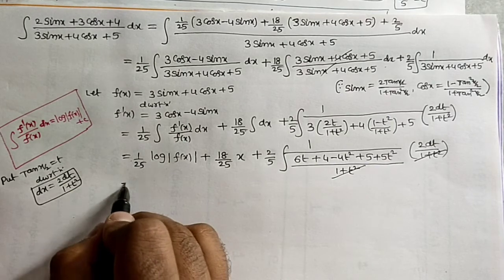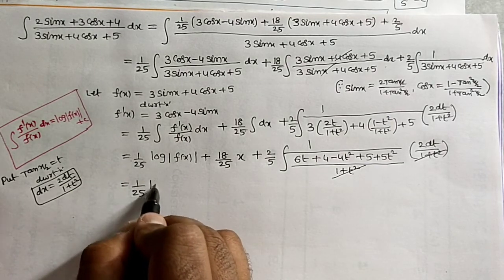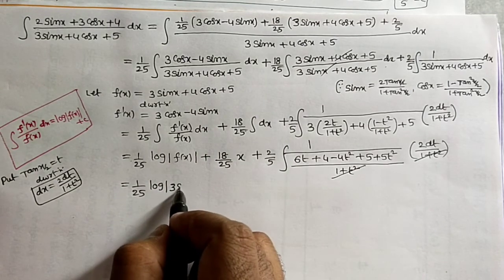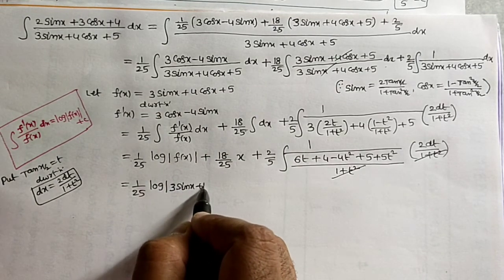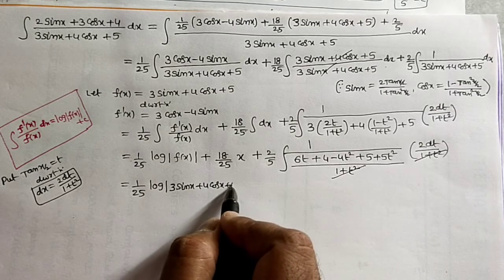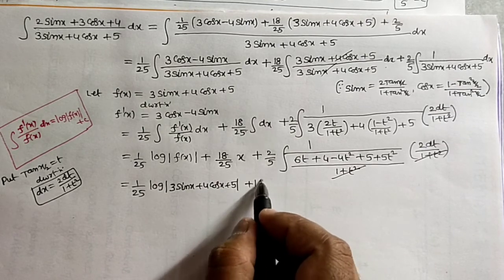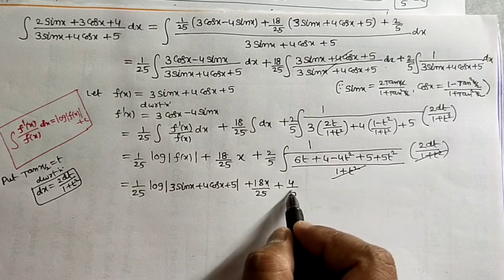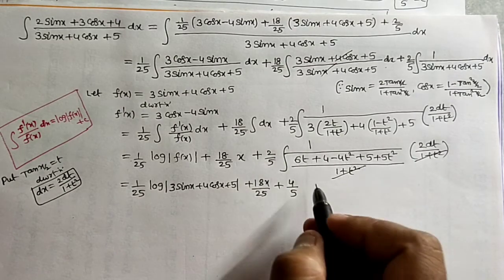It will become 1 by 25 into log mod, what is f of x we assumed here? 3 sin x plus 4 cos x plus 5, plus 18x divided by 25 plus 4 by 5. I am writing here 2 constant also I am taking this side.